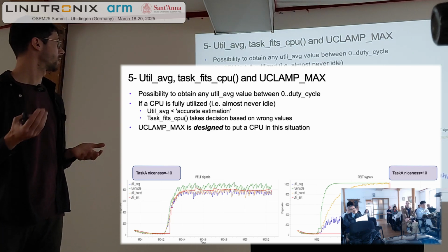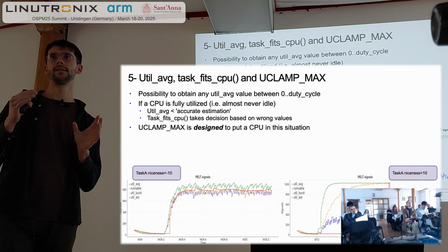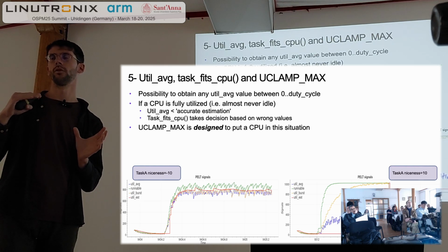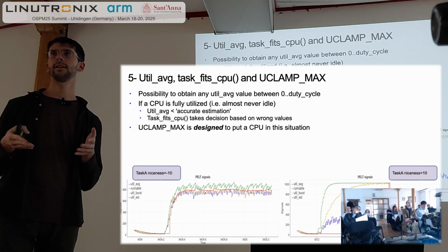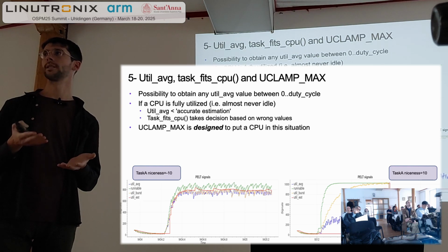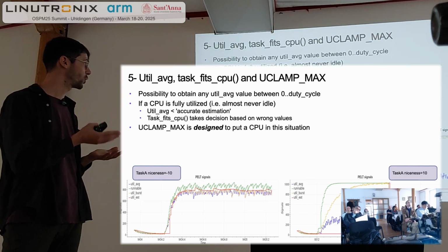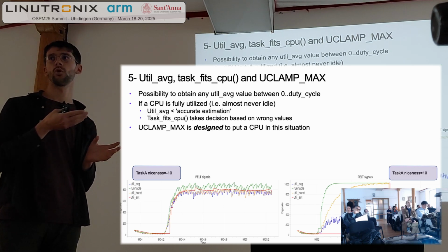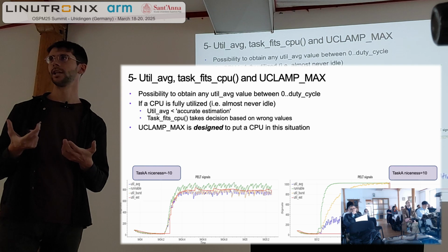And in the uclamp max case, uclamp max is designed to lower the frequency of a CPU for one task. So we are putting ourselves exactly in this scenario where we are not really able to estimate the size of the task. It's an issue because EAS is also mainly based on power estimation based on utilization values.